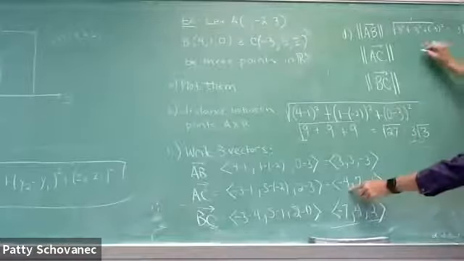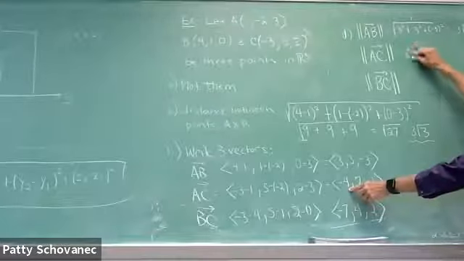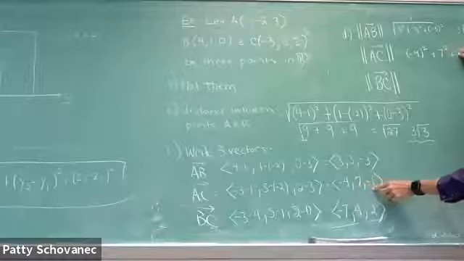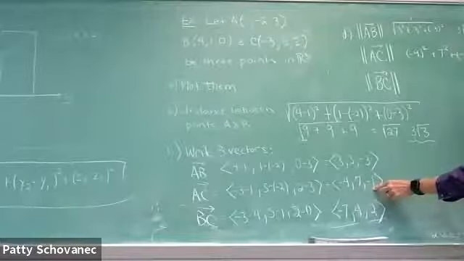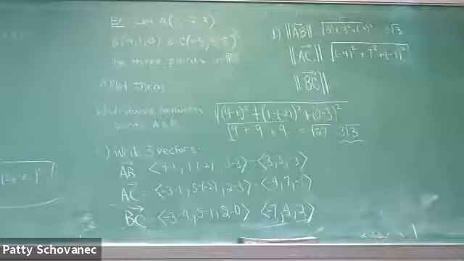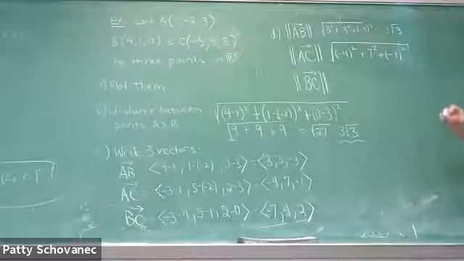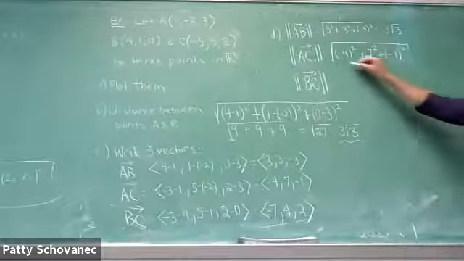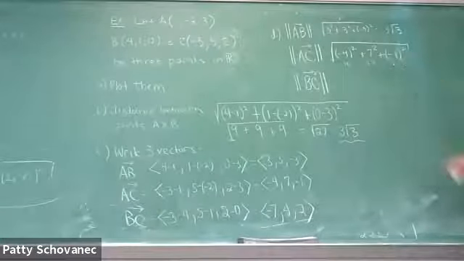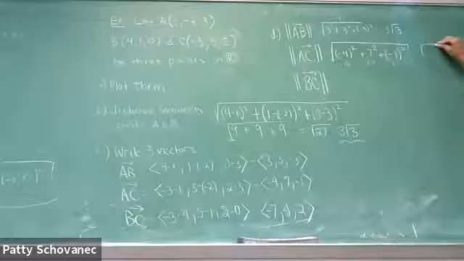AC will be negative 4 squared plus 7 squared plus negative 1 squared. So 4 squared is 16. 7 squared is 49. 1 squared is 1. So 66.